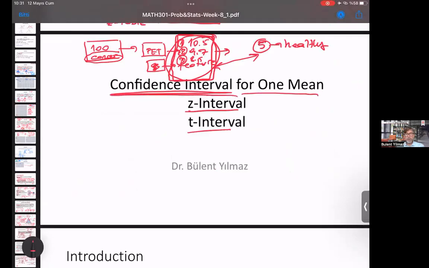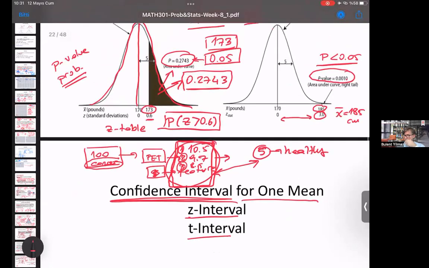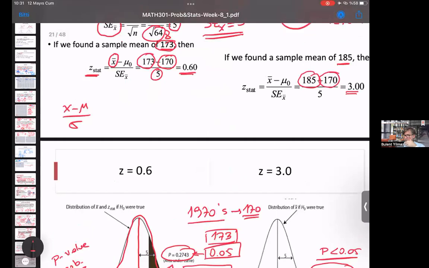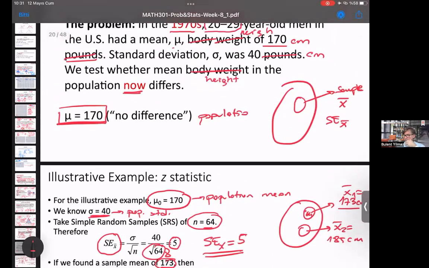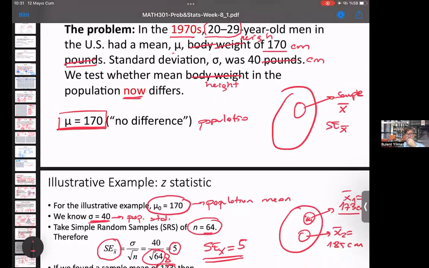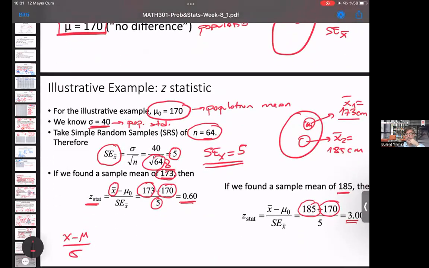Hojam, before you go, I just have a question. Sure, please go ahead. Hojam, in the last illustrative example, you chose 64 as your sample. Yes. So the mean would have changed depending on the n you choose, right? Yes, exactly.